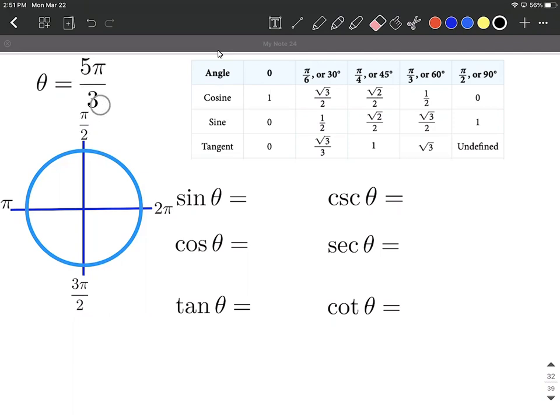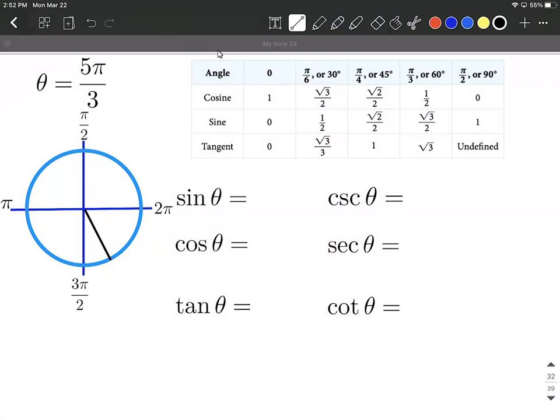The angle we're given, 5 pi over 3, is an improper fraction, so it goes past 1 whole pi, and it's going to be in either the third or fourth quadrant. 3 pi over 2 is the same thing as 1.5 pi's, whereas 5 pi over 3 is the same thing as 1 2/3 pi's. Therefore, this is going to be bigger than 1.5 pi's. It's going to wrap all the way around into the fourth quadrant.